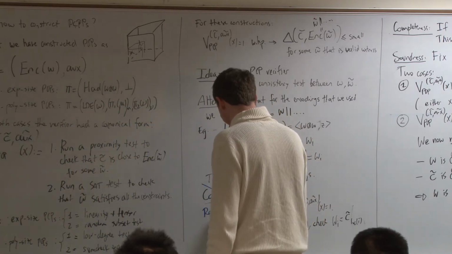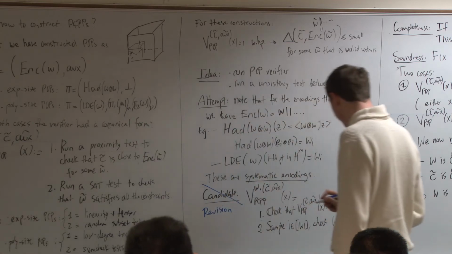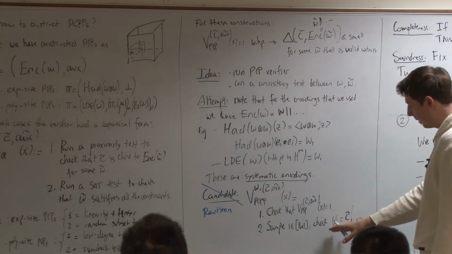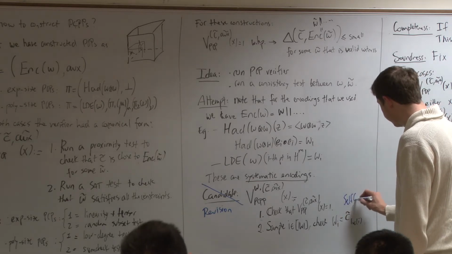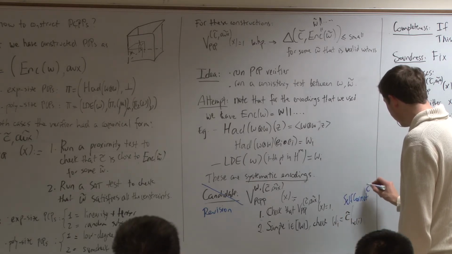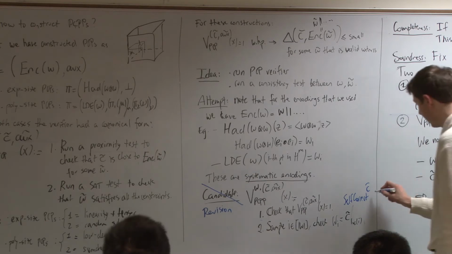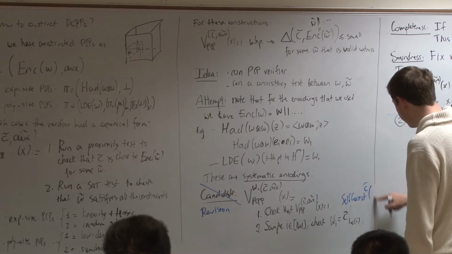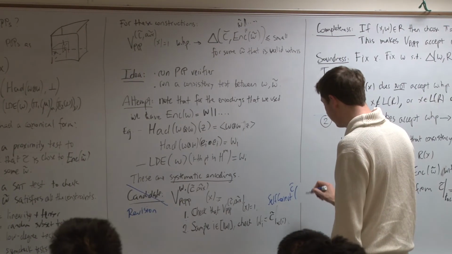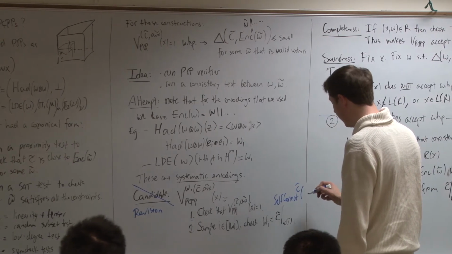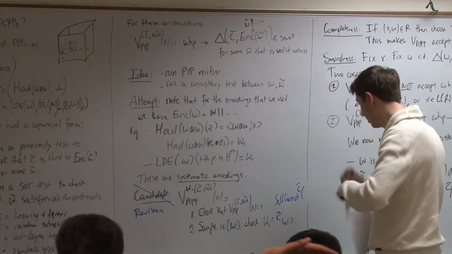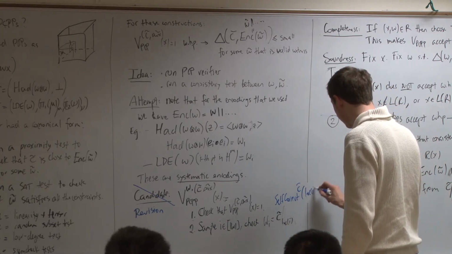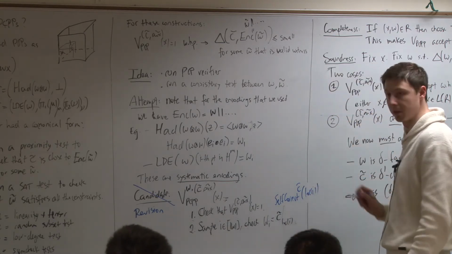Where now, yes, we still pick a random I, but now we're going to run self-correct on the oracle C tilde, and we're going to pass in, say, please self-correct for me location I. Okay?